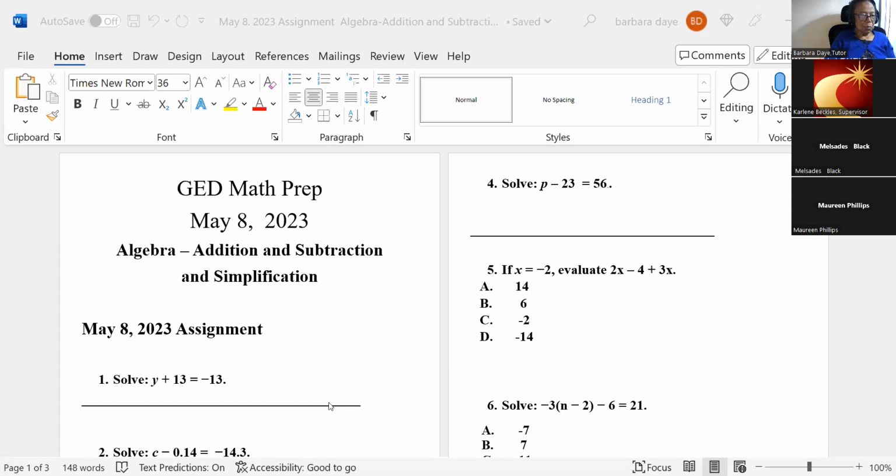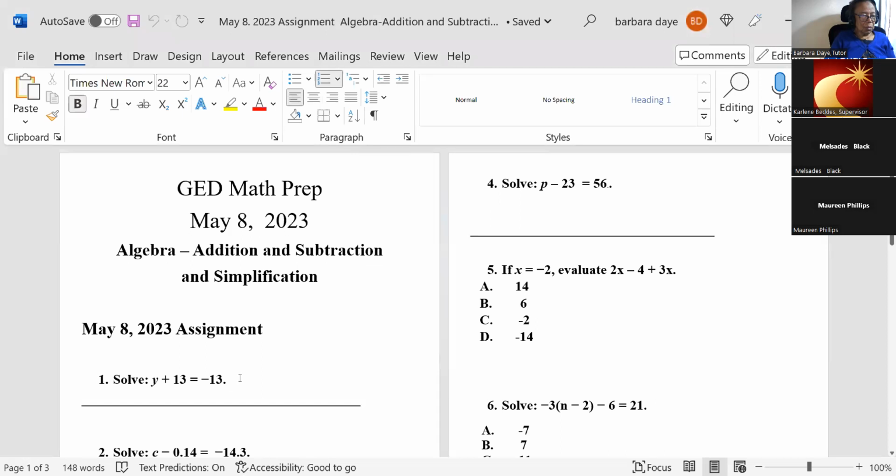I would add 13 on both sides. No, sorry. Inverse operations, isolate the variable, then solve.